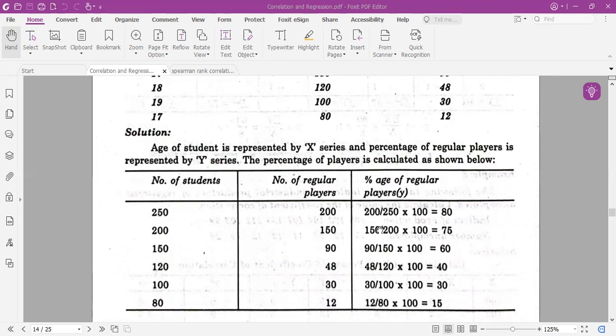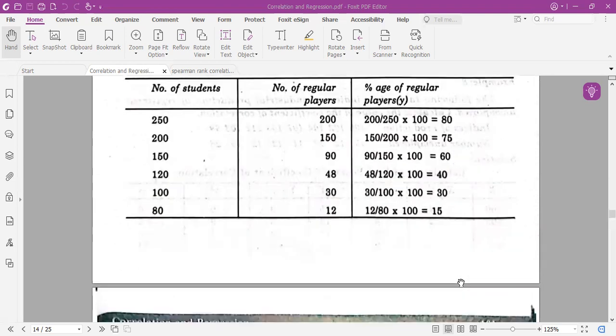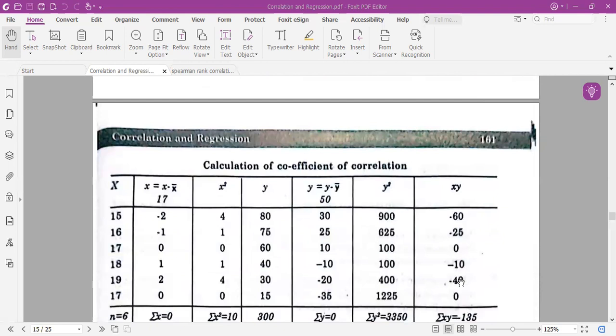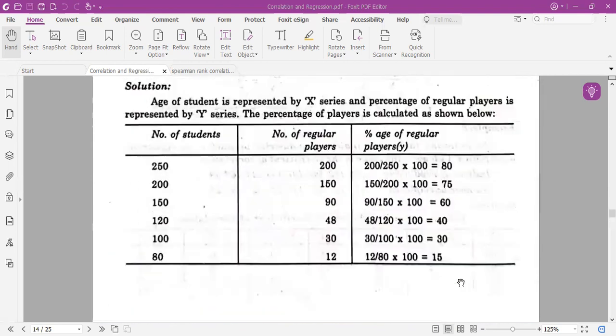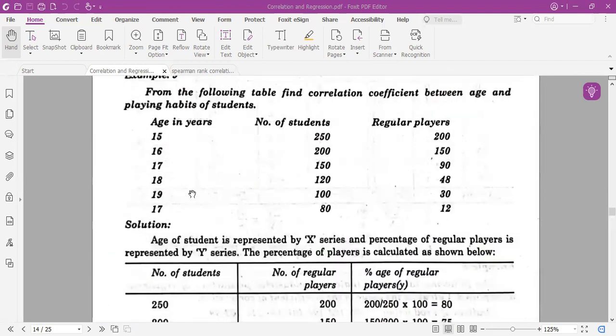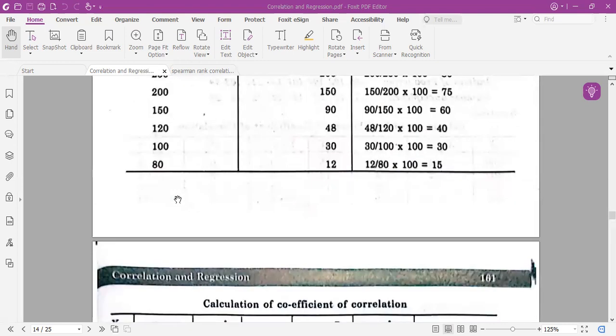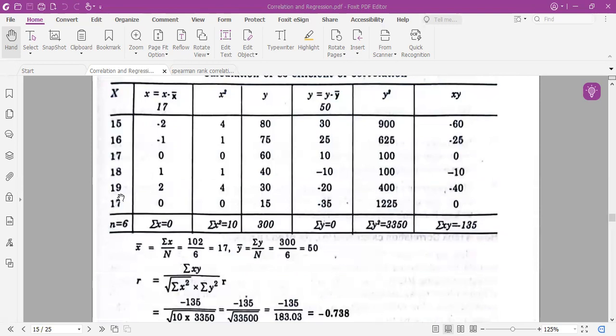We know that the number of regular players is 200, but actual students is 250. So that percentage comes to 80, 75, 60, 40, 30, and 15. So this percentage becomes the Y, and this age group of the students 15, 16, 17 becomes X. So that is what you're seeing here.